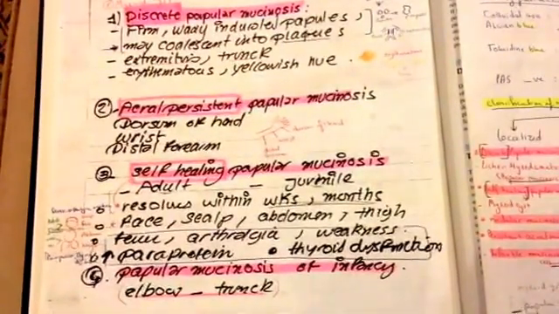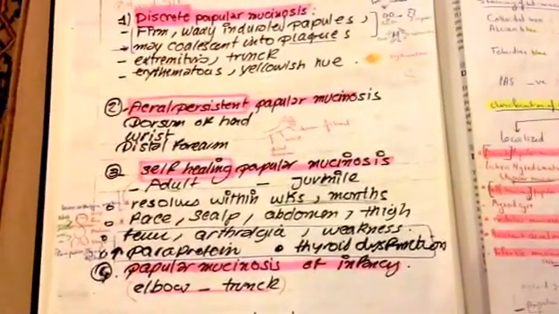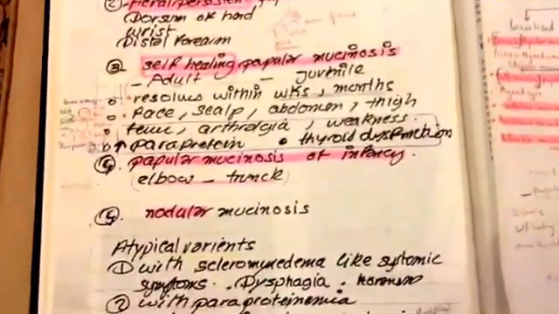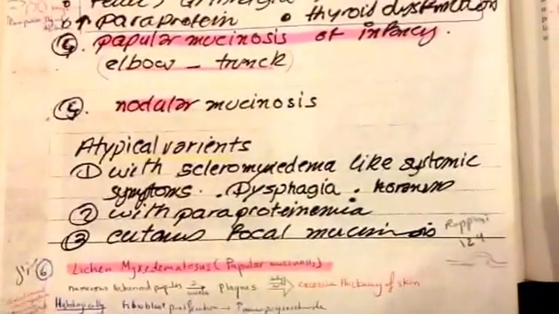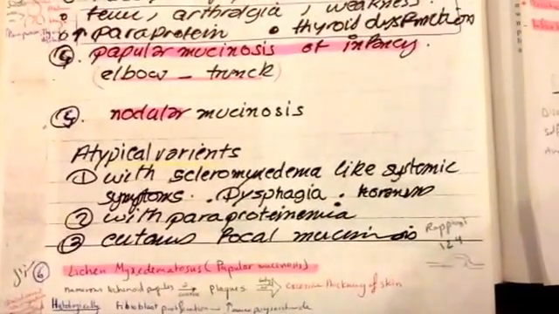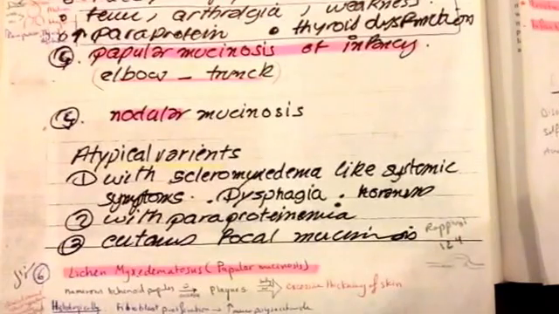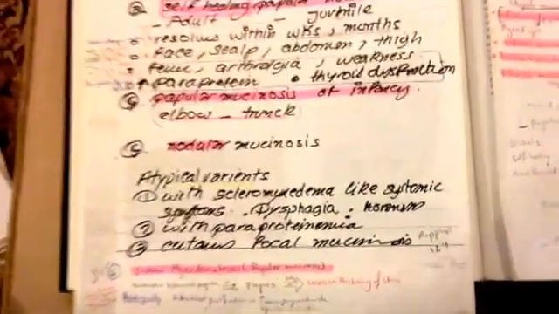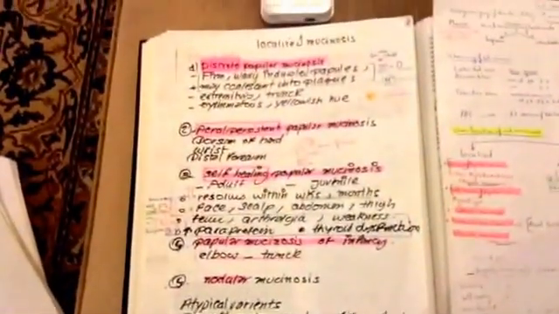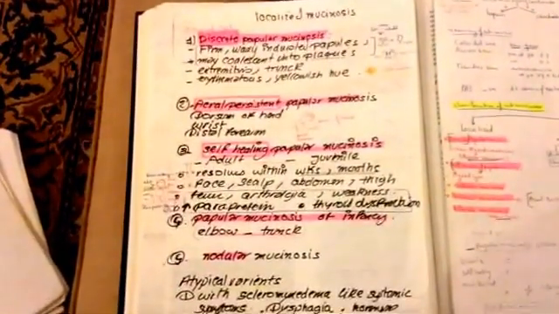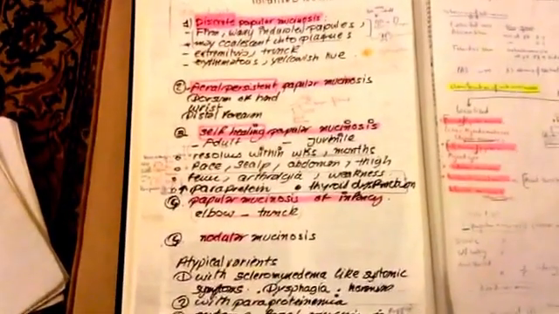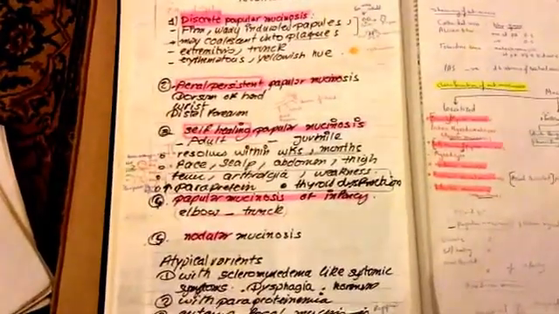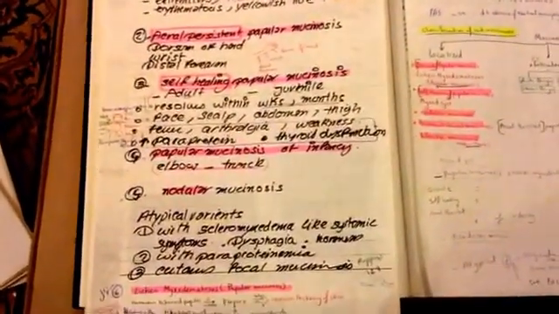There is the papular mucinosis of infancy, which occurs in the elbow and trunk, and the nodular mucinosis, and atypical variants with scleroderma-like systemic symptoms like dysphagia and hoarseness of voice, with paraproteinemia and cutaneous focal mucinosis. These are the localized types of mucinosis: discrete papular mucinosis, acral persistent, self-healing, papular mucinosis of infancy, nodular mucinosis, atypical variants.